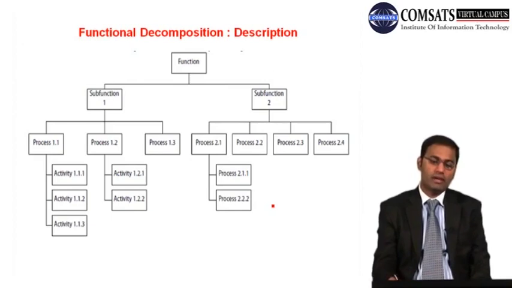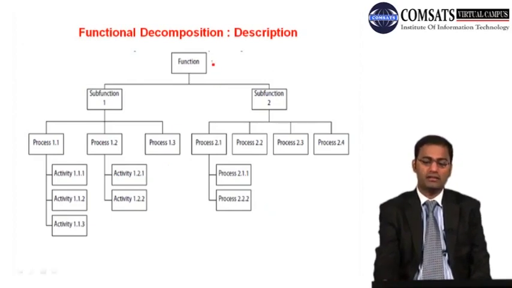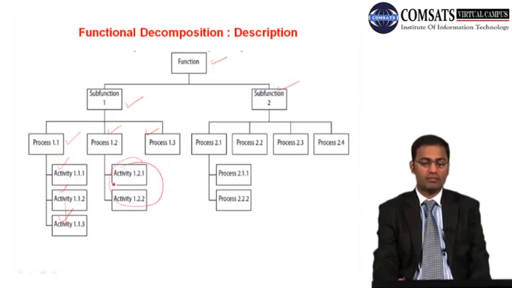Okay, so if we have a function and this is divided into sub-function 1 and 2, and this function is done through process 1, 2 and 3, and process 1 is done through activity 1, 2 and 3. If these 3 activities are completed, process 1.1 will be completed, and so is the case with this. If these 2 activities are completed, this process will be completed.